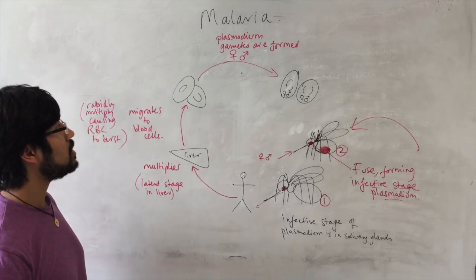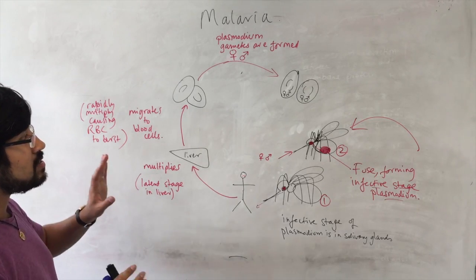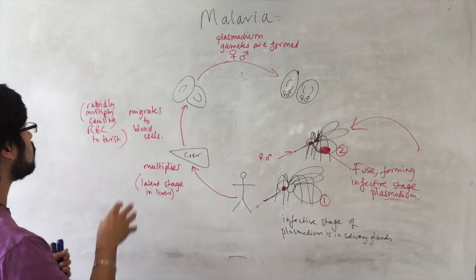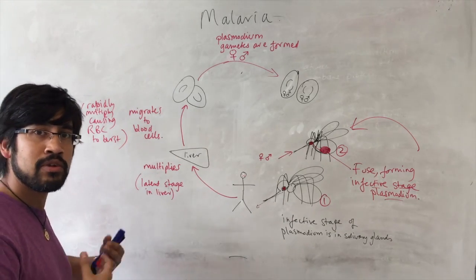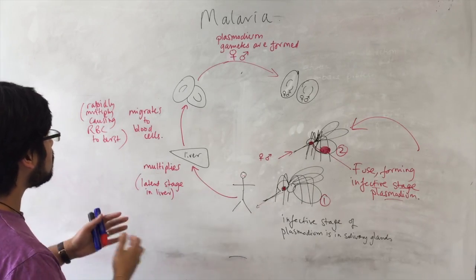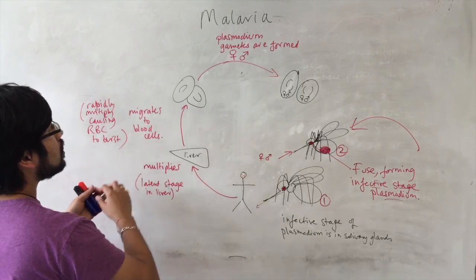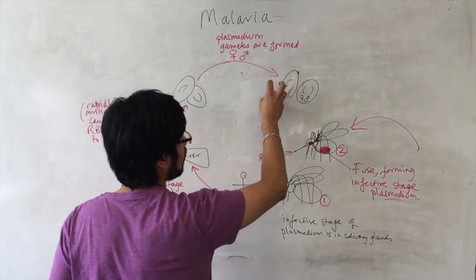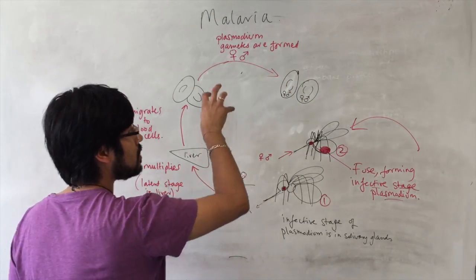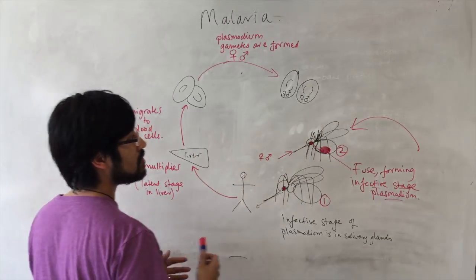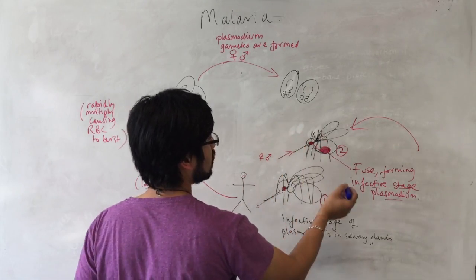Okay, right? So remember, if there's any symptoms caused in the individual, it's because they're losing their red blood cells, because the plasmodium is multiplying and causing them to burst. But if that doesn't happen, essentially it's just the fact that they are in the red blood cells, the gametes are there, and the gametes will fuse to form the zygote. Forgot to mention that, right?